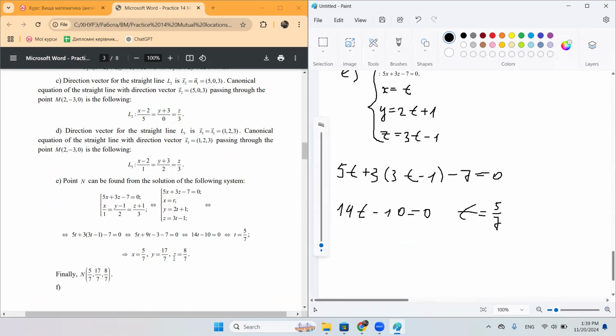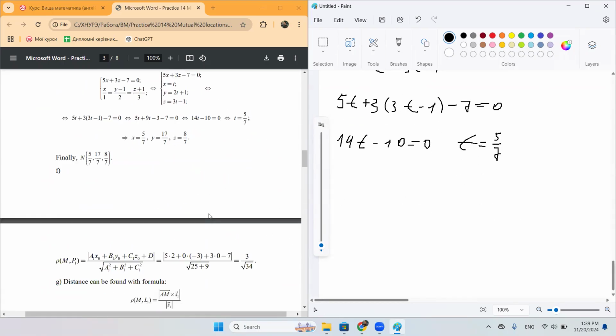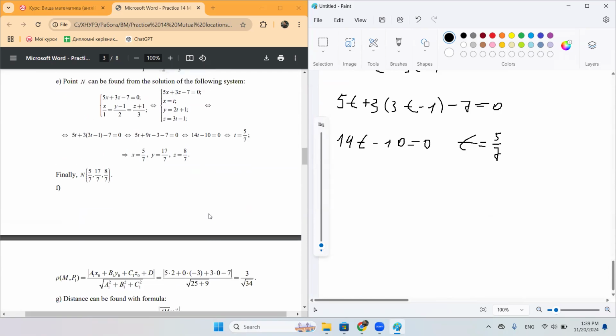But by the way, if we verify quickly, so 5 by 7, so 14 plus, no, 10 plus 7, yes, 17, and 15 minus, no, 15 minus 7, yeah, 8. So everything is correct.